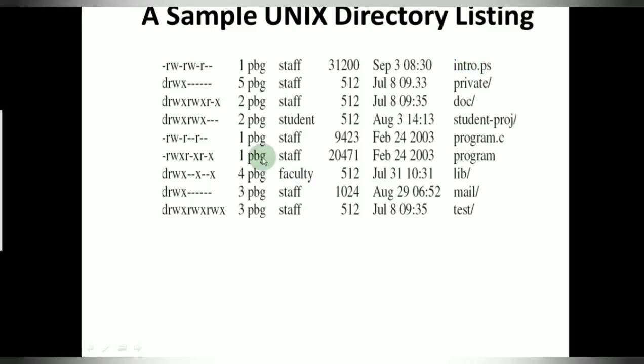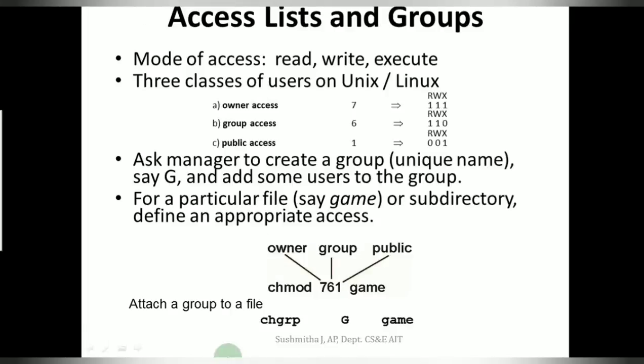Eventually we could do it for all the files, and we could change this access control using the command chmod. Here is the illustration of the same. You could change it by giving a number, which is treated as the binary equivalent, and by giving that number you change the access to that particular file.